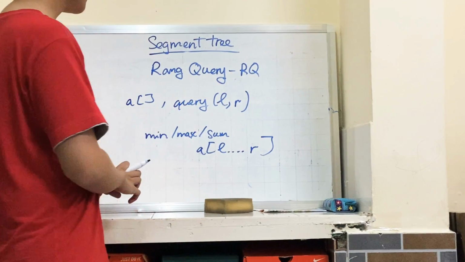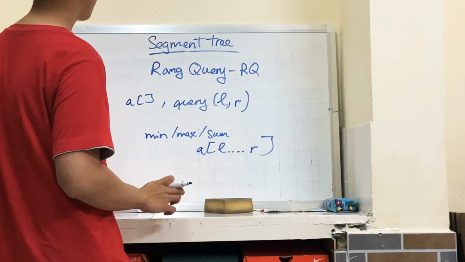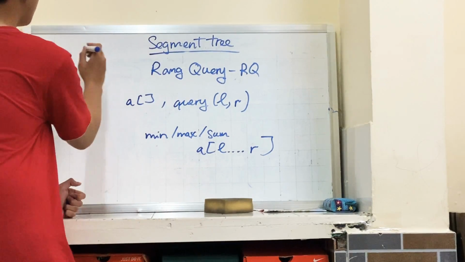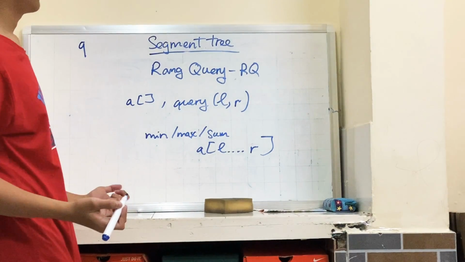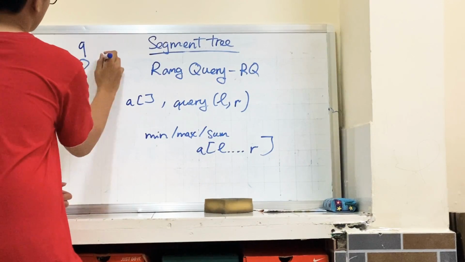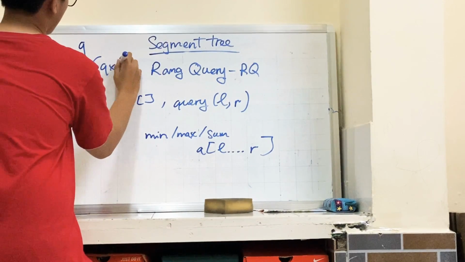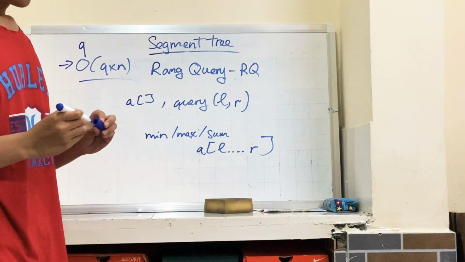So with the naive approach, for example, when you're given queries, the complexity of the algorithm will be O of query times n, and it's extremely large to solve.